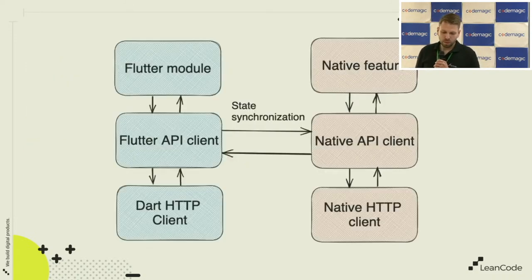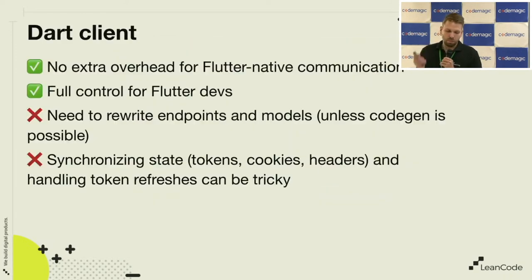The other solution is that we might use the Flutter Dart HTTP client, but then we need to somehow synchronize the authentication state with the native API client. So now we don't have this extra overhead for the communication, and we give full control to Flutter devs over how they want to handle networking.